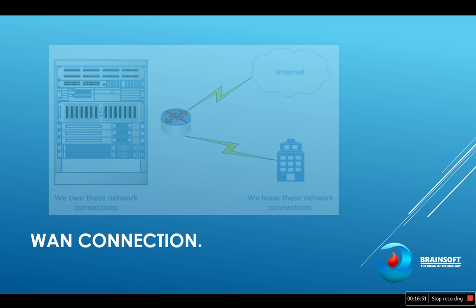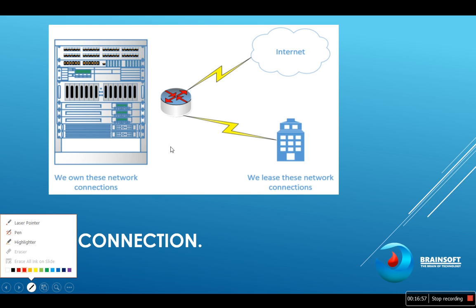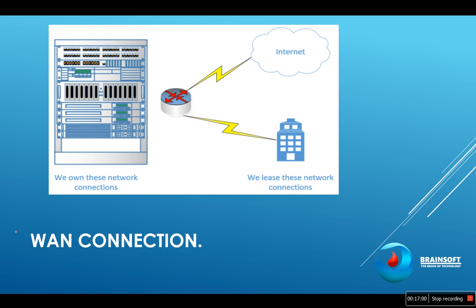I want to show you how it looks. This is the internet. So here we have our ISP. Forgive me, I'm using the mouse. Maybe Tigo is our ISP. They are providing us the internet.